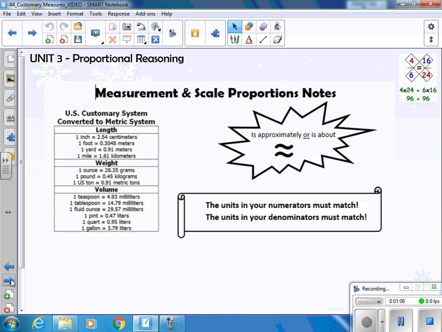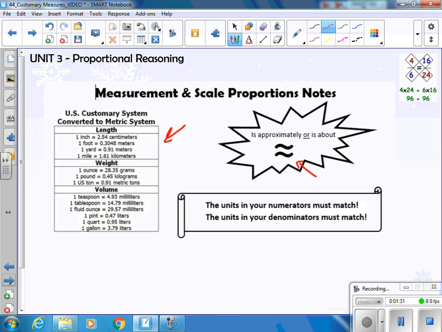So if you look at your notes on page 14, you have this nice little chart that gives you the approximate values between the customary, which is the ones on the left, and the metric, which are on the right. It's important to note that if you see these two little squigglies, that means things are about, or it's an estimation.